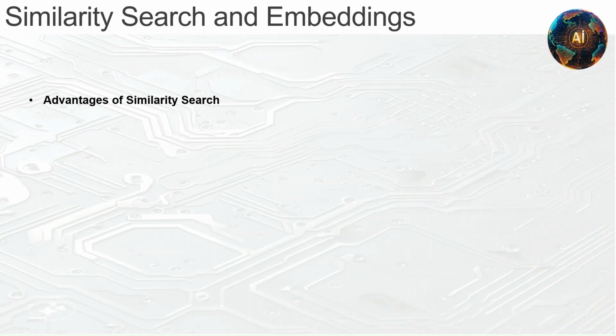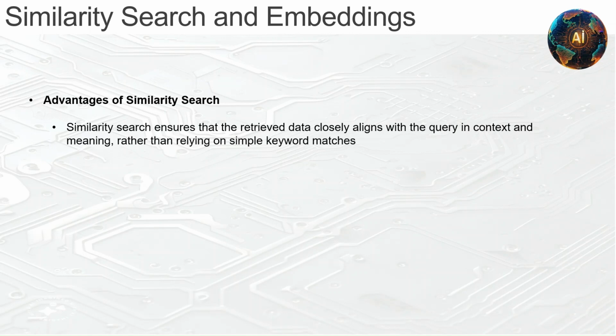Then, what are the advantages of using similarity search in our RAG pattern? See, similarity search ensures that the retrieved data closely aligns with the query, in context as well as meaning, rather than relying on simple keyword matches. This is very powerful, as now we have the ability to search based on semantics rather than only keywords.